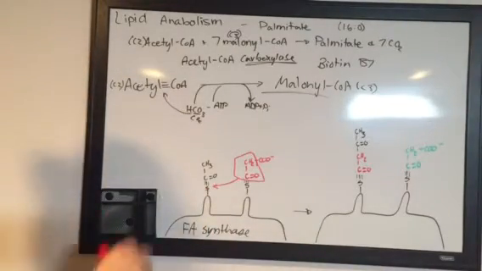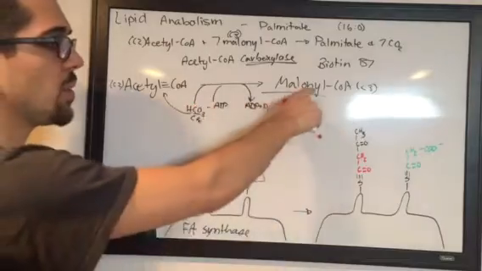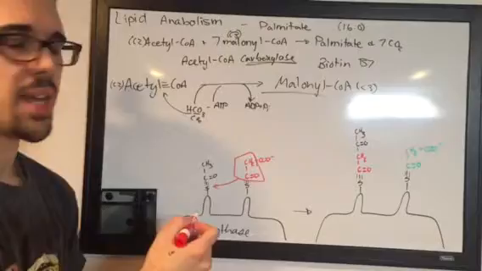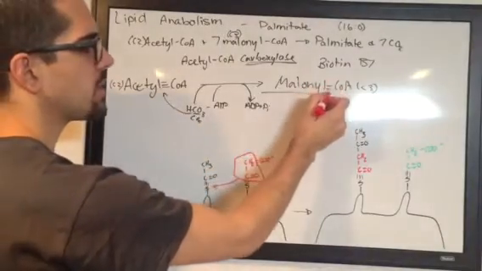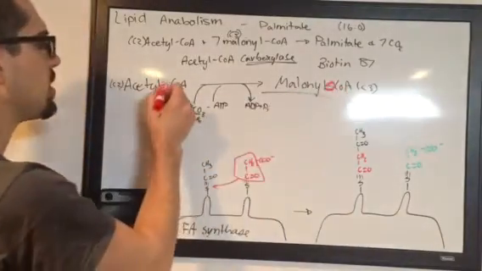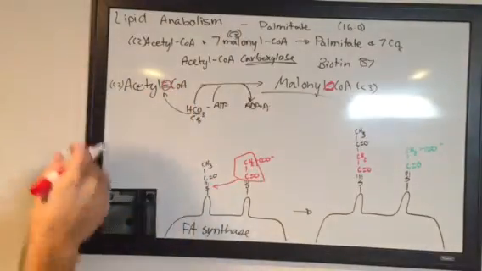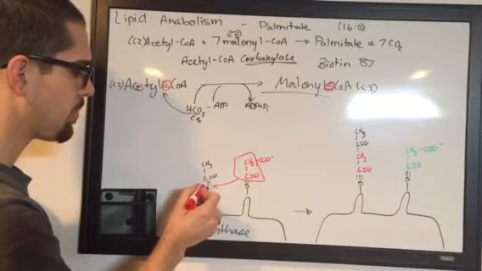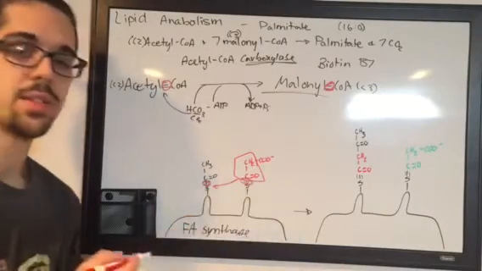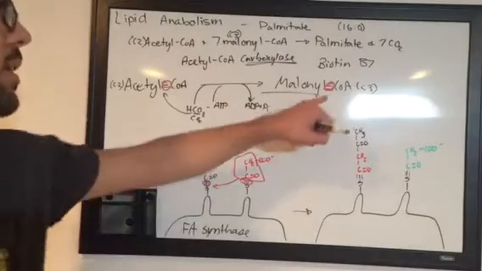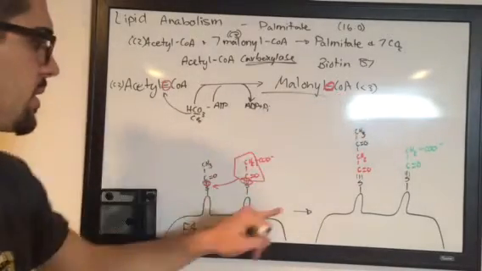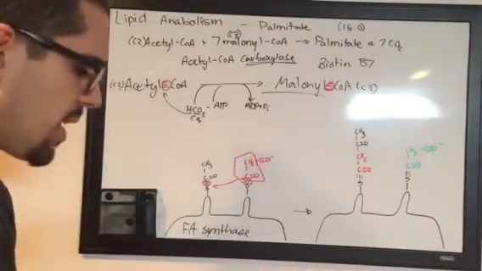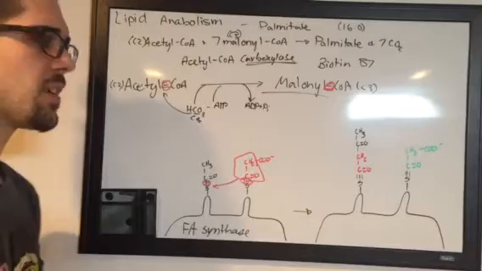Now you're going to notice right away that we had acetyl-CoA and malonyl-CoA, and right down here, we don't have any more coenzyme A. The energy created by the hydrolysis of those high energy bonds will bind acetyl-CoA and malonyl-CoA to fatty acid synthase. The coenzyme A is required to create this bond with fatty acid synthase, so fatty acid synthase can work on both of them.